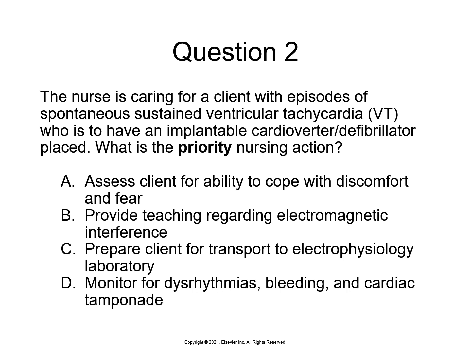Are you going to teach them or assess them for the ability to cope with their discomfort and fear, provide teaching about electromagnetic interference, that's the microwave thing, prepare the client for transport to the EP lab, or monitor for dysrhythmias, bleeding, and cardiac tamponade?